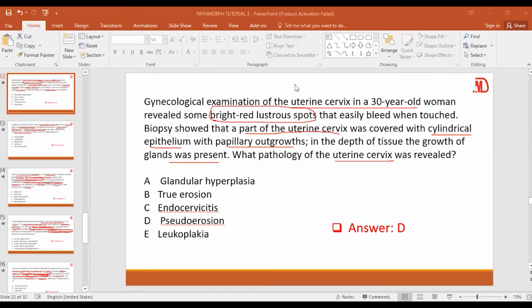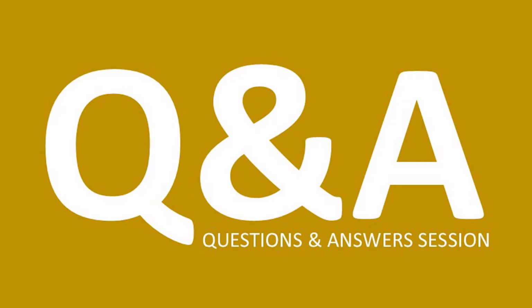There's damage to the flat epithelium. The vaginal area has a flat epithelium, so these places are damaged. And when they are damaged, it can sometimes enter inside and the inside will come outside. That's a true erosion.